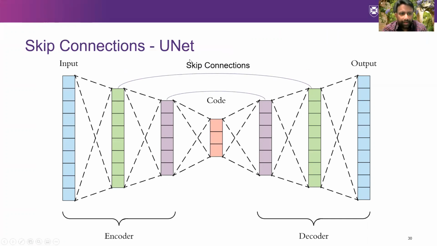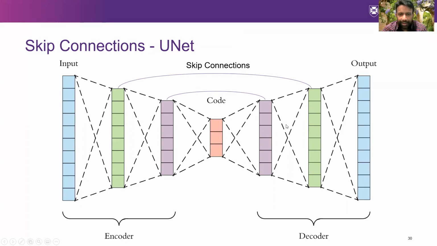And a key innovation in segmentation is this idea of the U-Net, where you basically have the same process, but you have these skip connections across these layers that just join these layers to ensure that any high resolution information is not lost.